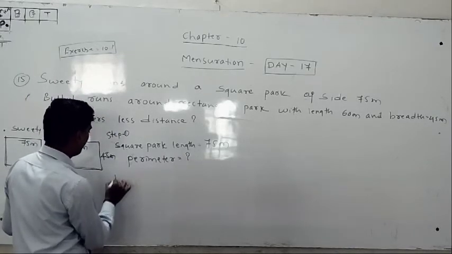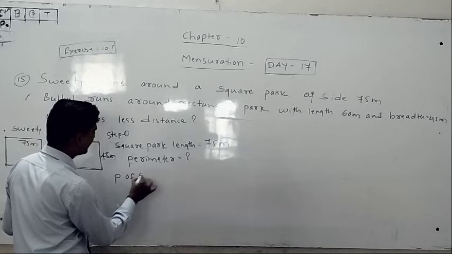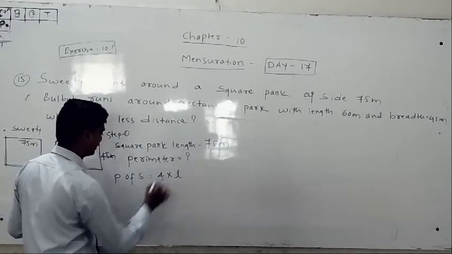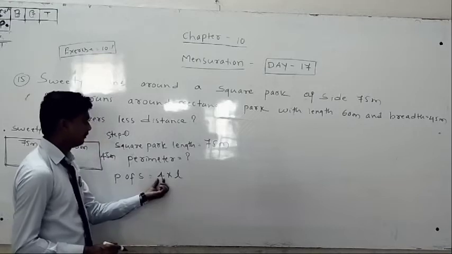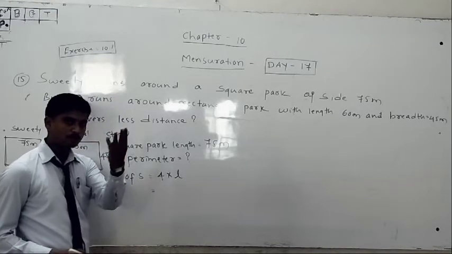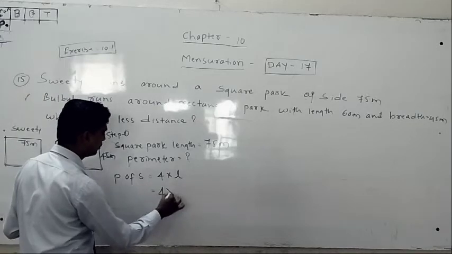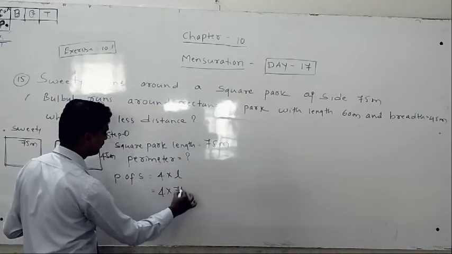Then perimeter of S, P of S is equal to 4 into length, because a square figure has 4 sides, and all sides are the same. Then 4 into length, how much is there? 75 meter.